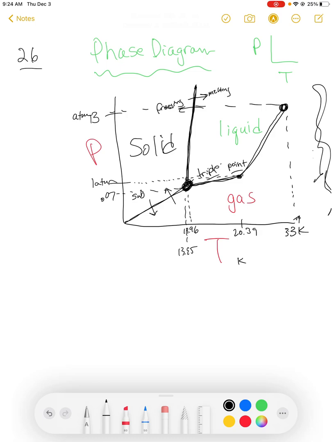Now you're going to be diagramming something very similar to this, at different temperatures, and it'll be a different substance. The main question from number 26 is, does hydrogen sublime at 0.05 atmospheres?